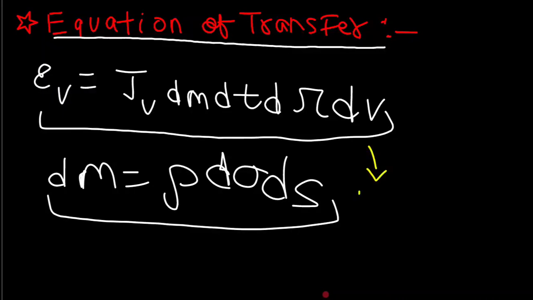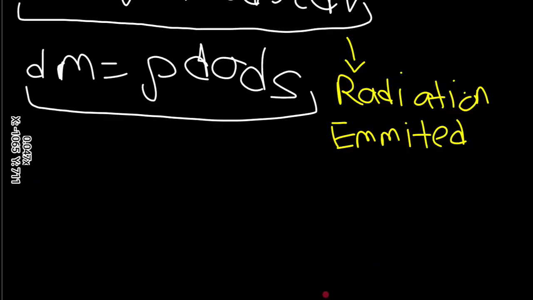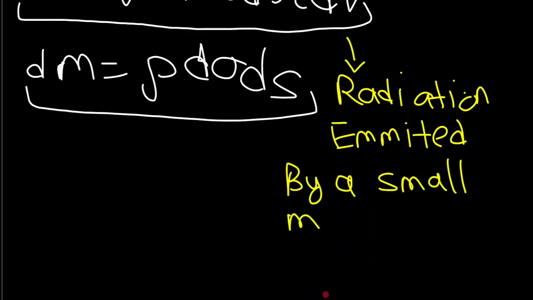It defines the radiation emitted by a small mass element, because you know that when radiation is going inside a certain element, there is scattering of radiation.